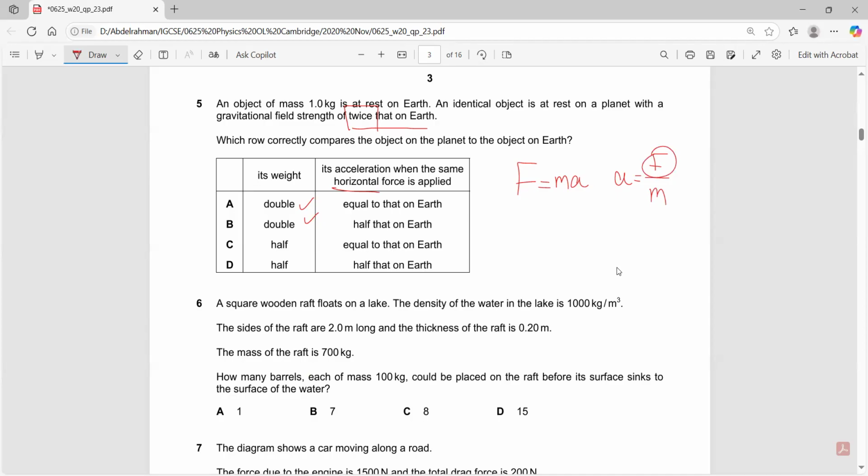No, it has not changed. Has the mass changed? No, it's the same. Therefore, the acceleration would be the same. Again, I'm talking about the horizontal force, not the vertical force or the weight. So if you have the same horizontal force, then you'd have the same acceleration.